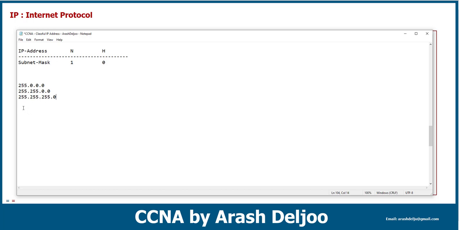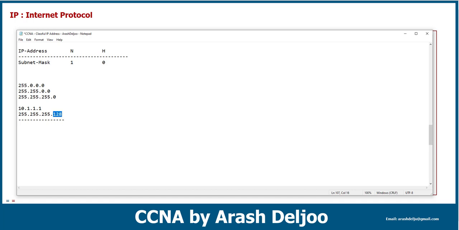Look at here. For example, we have one IP address 10.1.1.1, and the subnet mask is 255.255.255.128. What is the meaning of the 128? It's so easy.